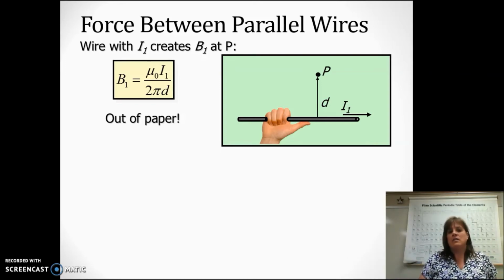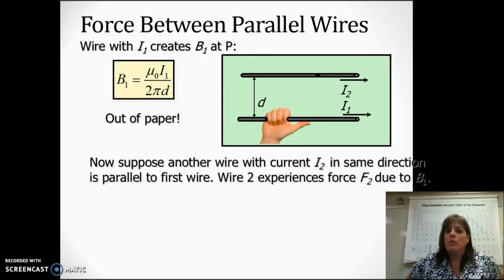Let's look at this wire whose current is running to the right. We use the claw rule to find the direction of the magnetic field. At point P above the wire, make your claw. Your thumb should point to the right, your knuckles should be above, and your fingers should be pointing out at you. So the direction of the magnetic field due to wire 1 at point P is out of the page.